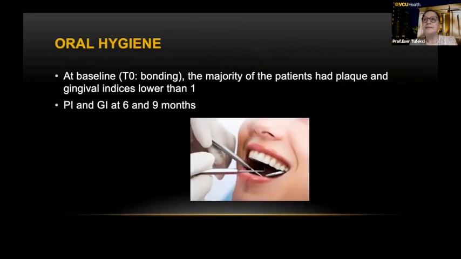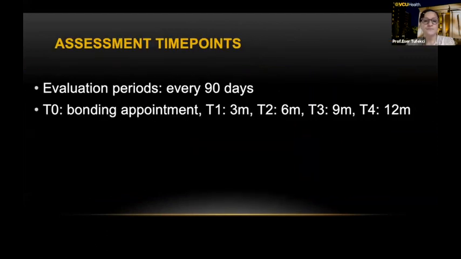Oral hygiene at baseline, which was at T0, the bonding appointment, was checked. We made sure that they were all eligible. They were patients with good oral hygiene and no white spot lesions. Plaque index and gingival index were also measured at 6 and 9 months. We assessed these patients every 90 days. At least, I should say, we made an attempt to assess these patients every 90 days, which wasn't the case.